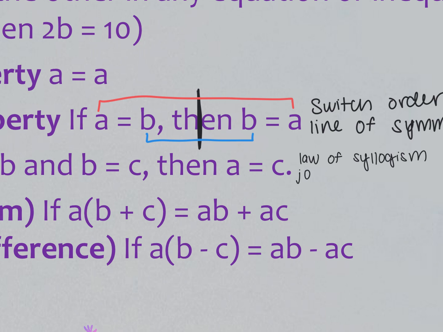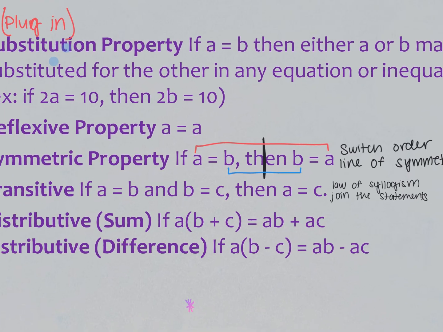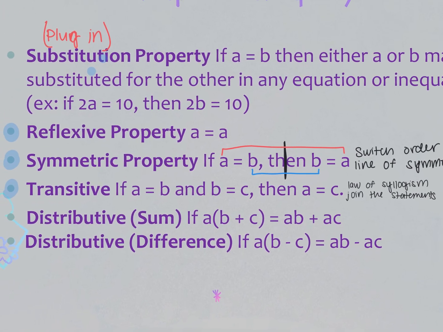And you join the statements. I'm joining them together. So back to law of syllogism, you're getting rid of that overlap. So transitive is like law of syllogism. However, when I'm writing my proof, I cannot write law of syllogism. You have to write transitive property.